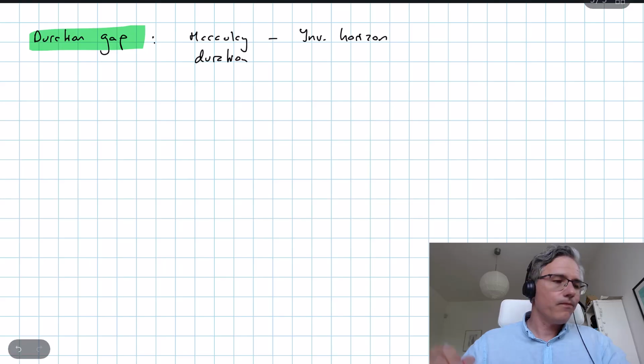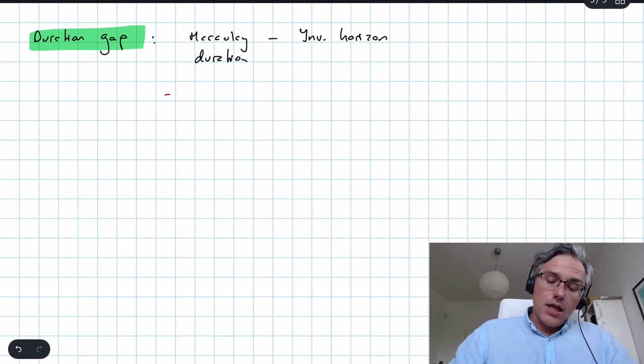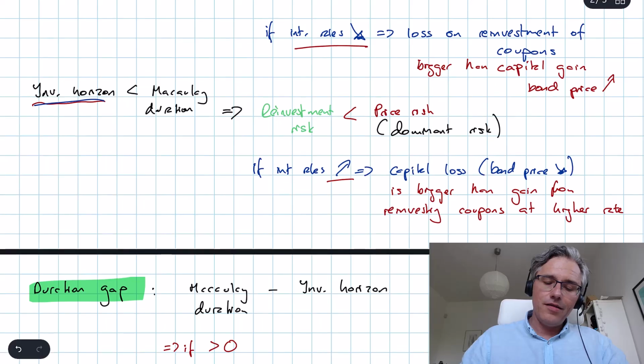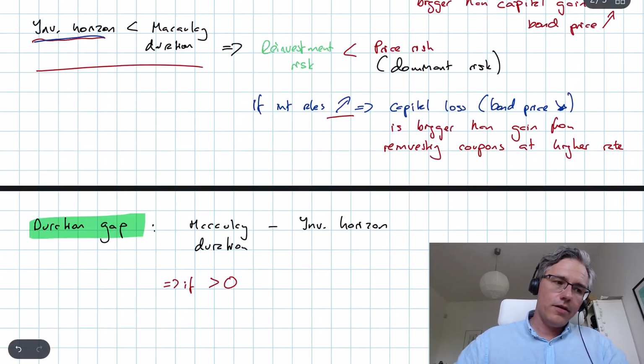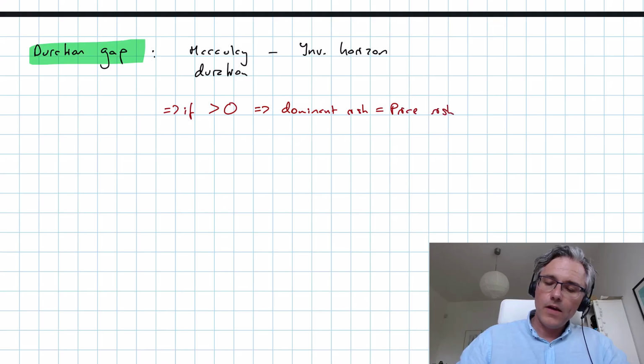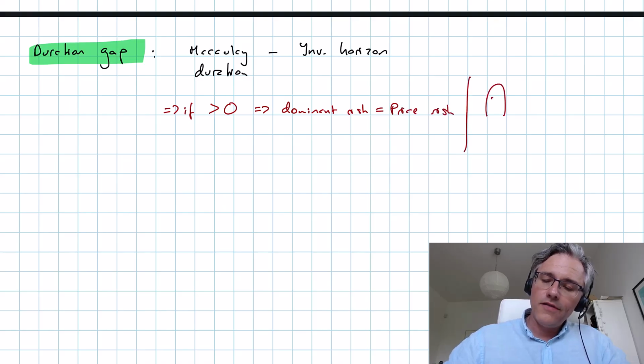So, if this gap is above zero, meaning Macaulay duration is higher than the investment horizon, the dominant risk is going to be price risk. And you'll be, as an investor, in trouble.